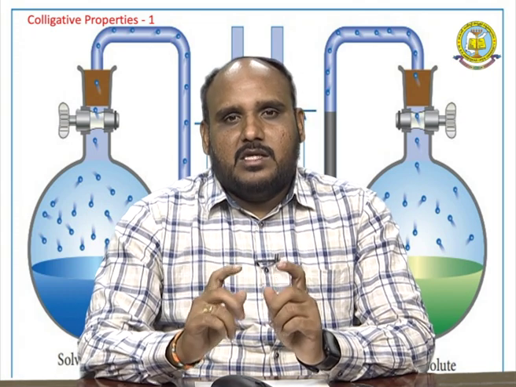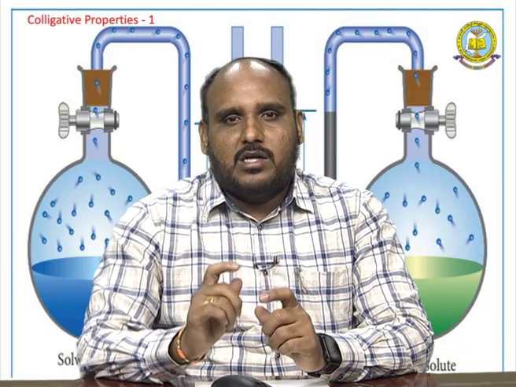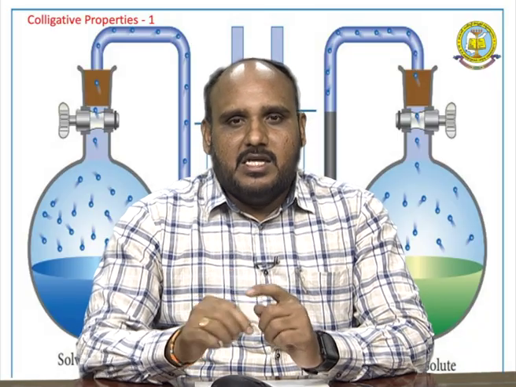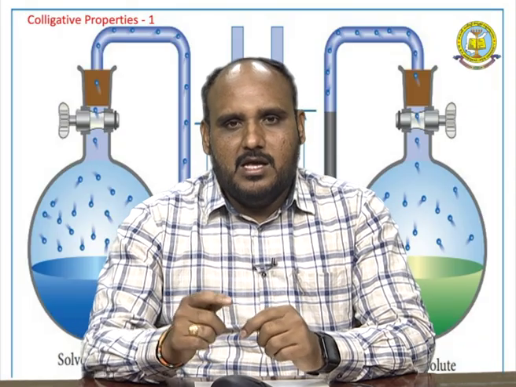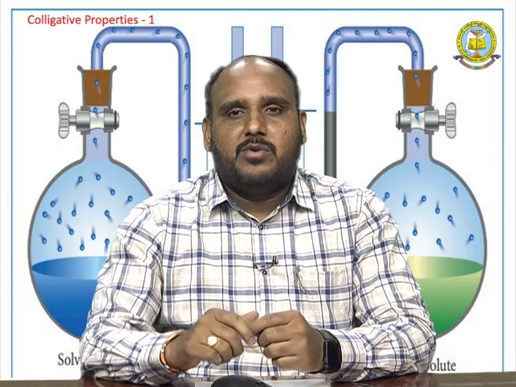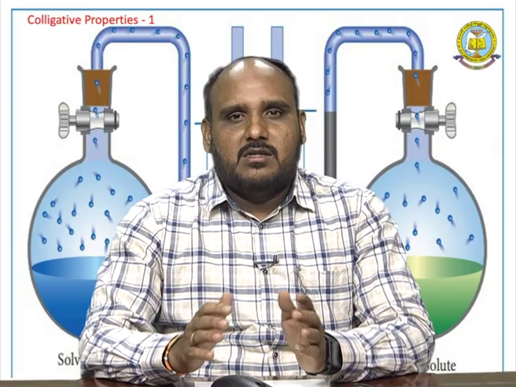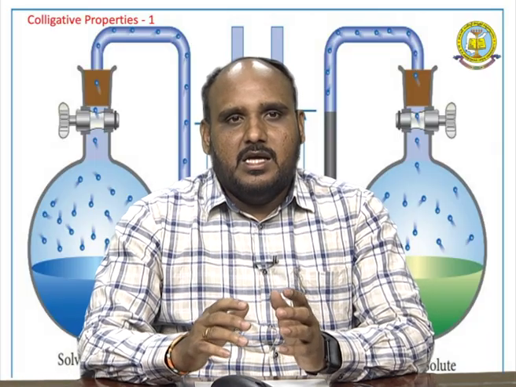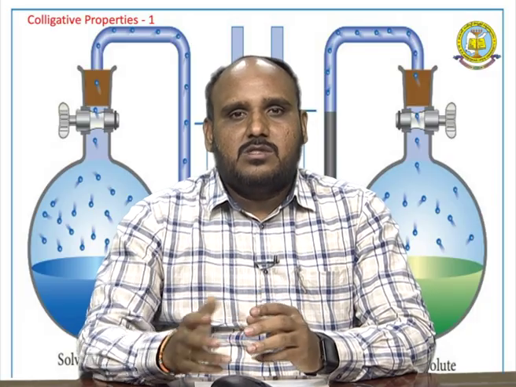Overall, the molecular weight of a non-volatile solute can be measured by applying the concepts of lowering of vapor pressure, elevation of boiling point, and depression in freezing point to solutions. So, these are the colligative properties, and three properties have been discussed for solutions.